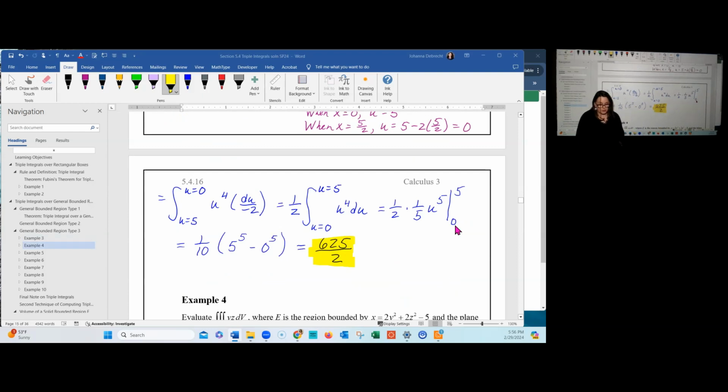And when you substitute in the final values, you should come up with 625 divided by 2. Again, we can't interpret what this means until we know what our function of the 3 independent variables is. Until we know what f of x, y, z represents, we cannot interpret this particular result.